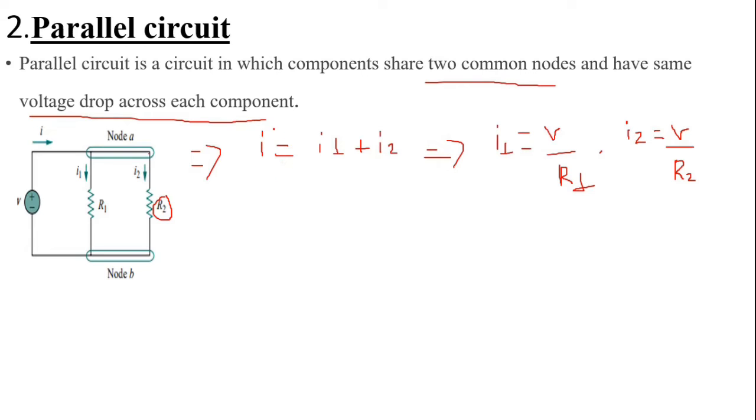The total current I flowing into the circuit means this circuit can be redrawn like this.